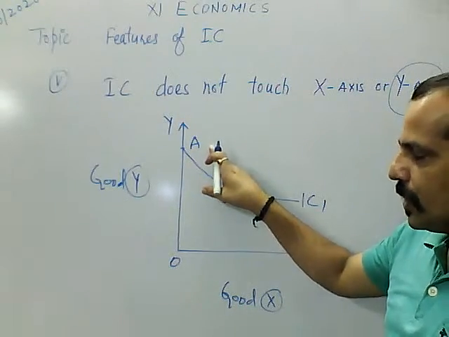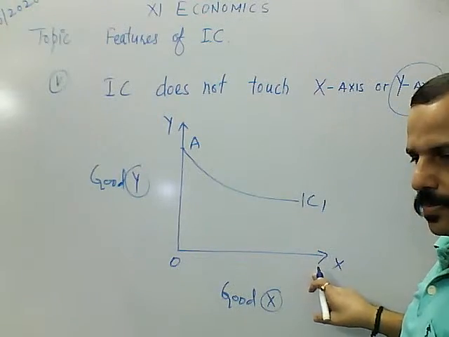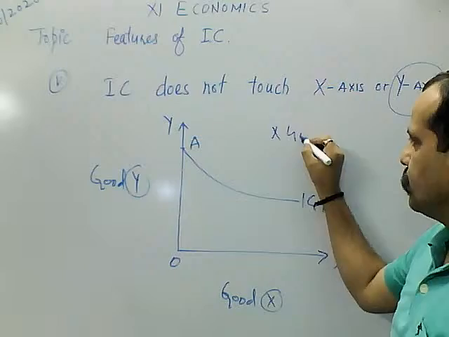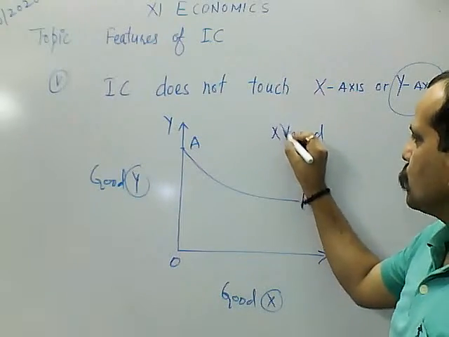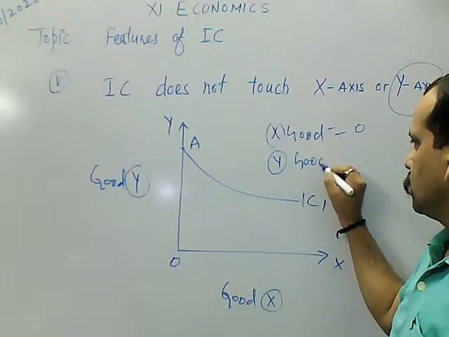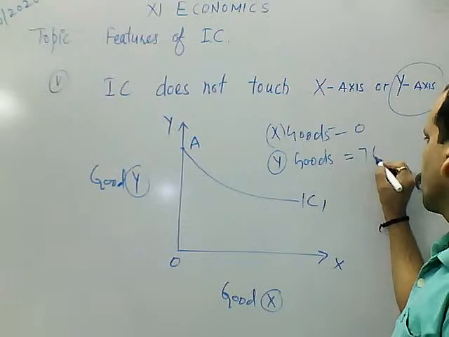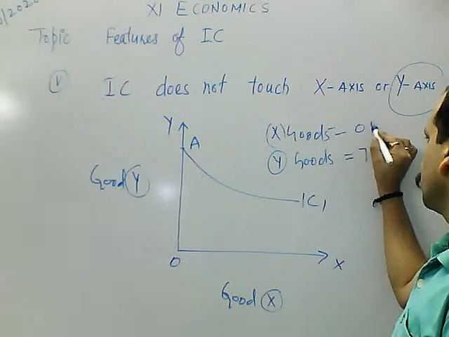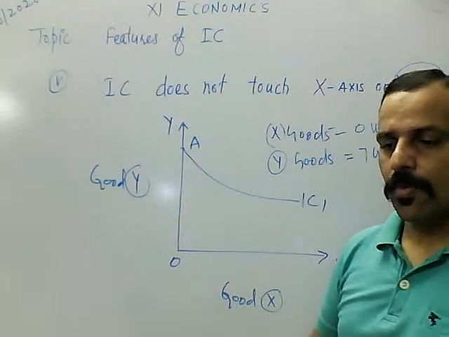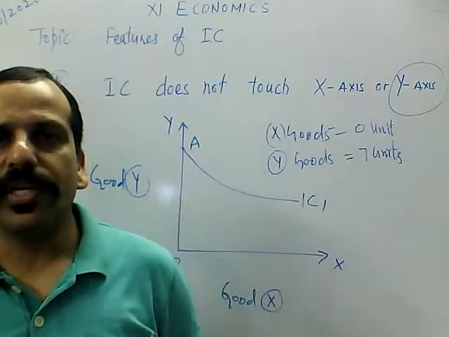So at combination A, 0 unit of x. How many units of x? 0. And y good? Let 7 units. Here 0 unit. What is the definition of indifference curve?